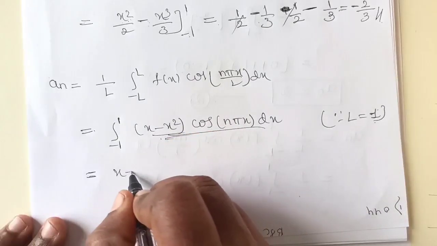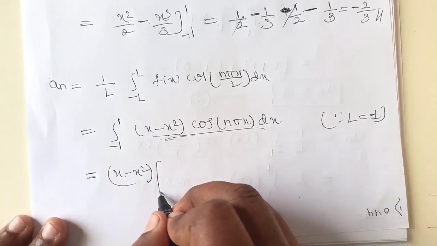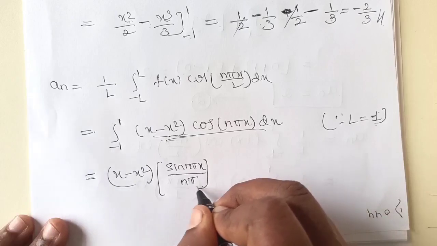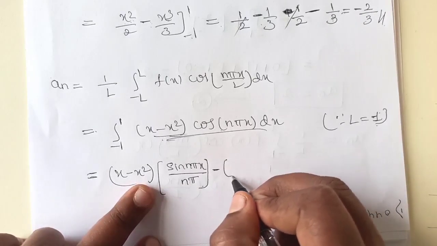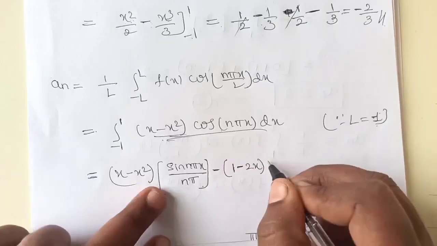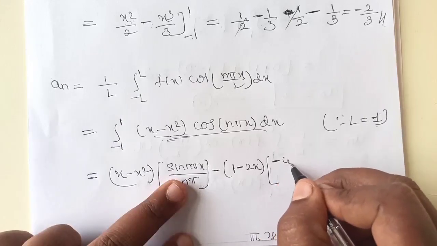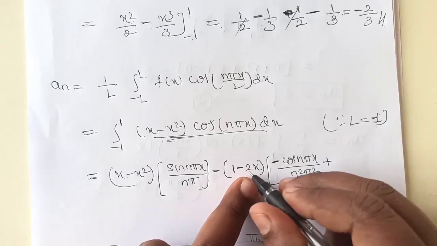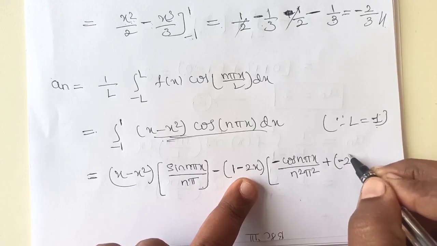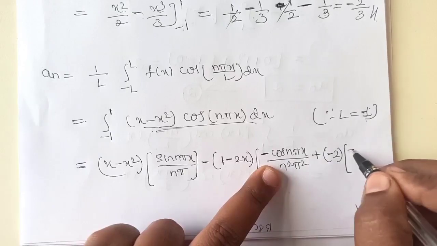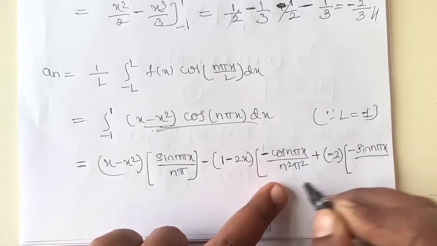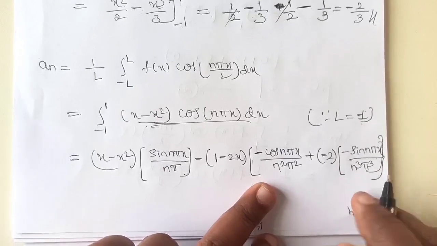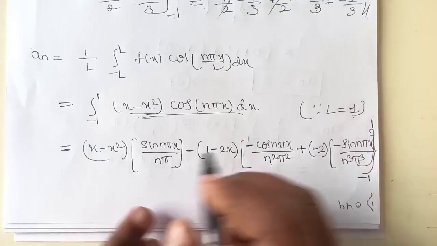So that is x minus x square as it is, integration of cos n pi x is sin n pi x divided by n pi, minus, x minus x square differentiation is 1 minus 2x, integration of this one is minus cos n pi x divided by n square pi square, plus this 1 minus 2x differentiation is minus 2, integration of this one is minus sin n pi x divided by n cube pi cube, and the limits are, here only we substitute the limits, minus 1 to 1, right?